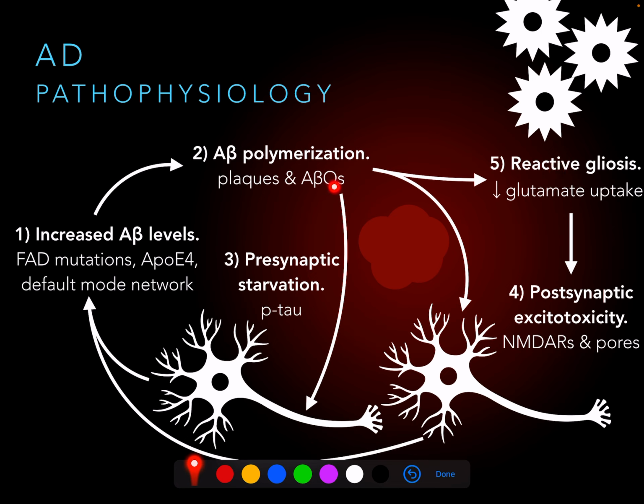The oligomers can then cause tau hyperphosphorylation to screw up axonal transport. Oh no, this synapse isn't going to work anymore. The oligomers can also act at postsynaptic sites, stimulating NMDA receptors and potentially causing excitotoxicity. And of course, that excitotoxicity is a whole heck of a lot worse because we have reactive gliosis.